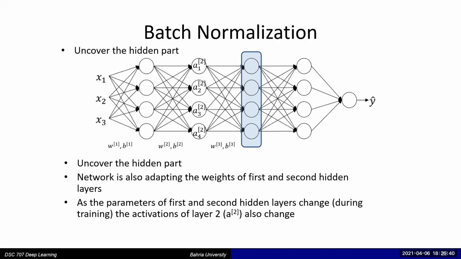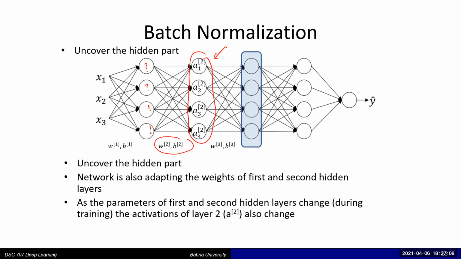If you uncover this part, these activations in the second layer are dependent on the weights W2 and B2, right? And similarly, they are also dependent on what values you have in the first layer. Since during learning all the parameters are continuously changing, whatever you are getting at the second layer is continuously changing, right?